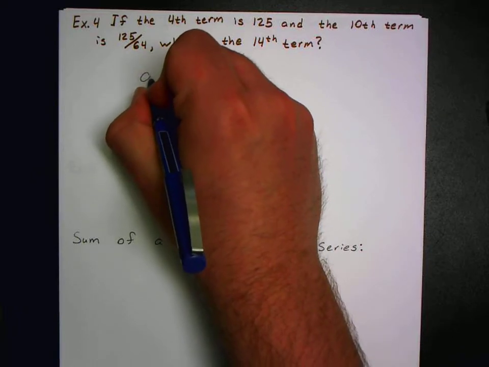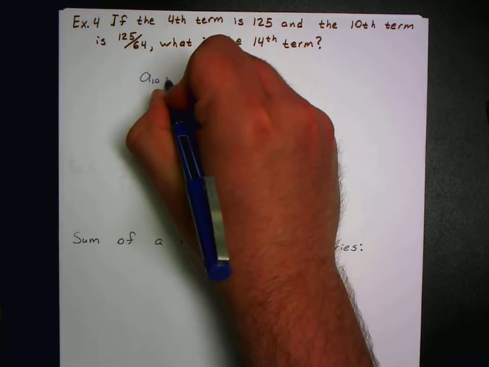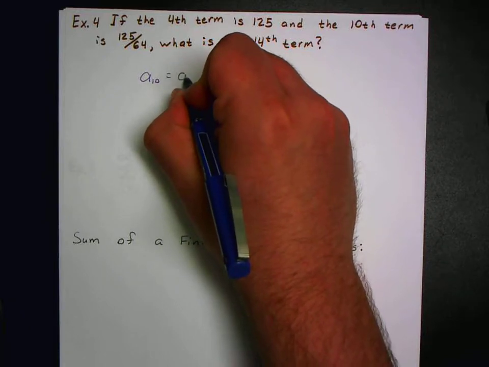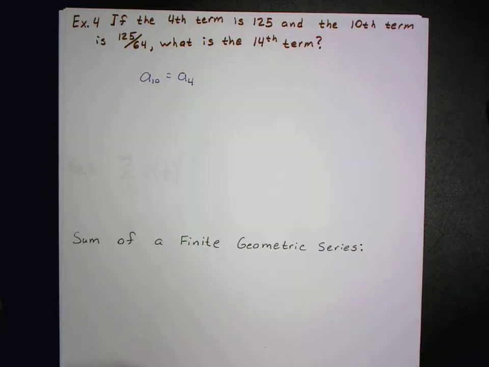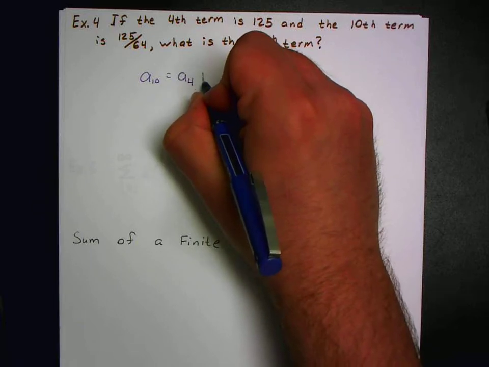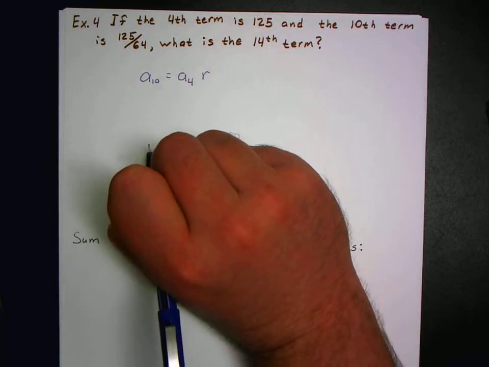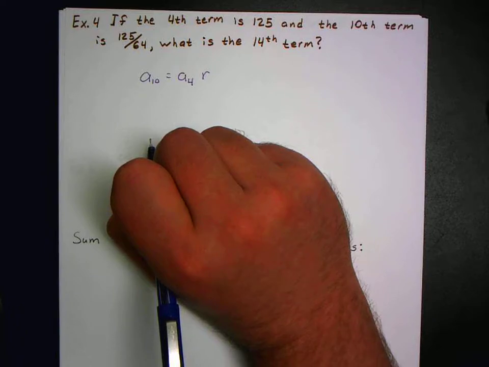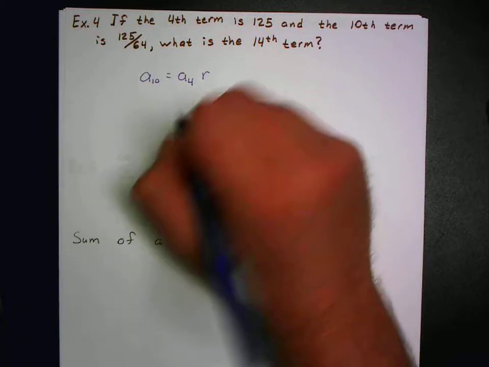So the 10th term would be equal to the fourth term times the ratio how many times? So if I started with the fourth term, how many times would I have to multiply by my ratio to get to the 10th term? 6 times.